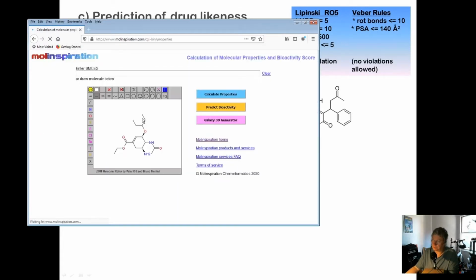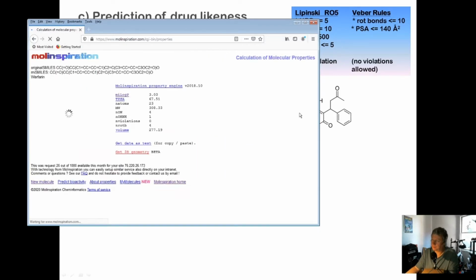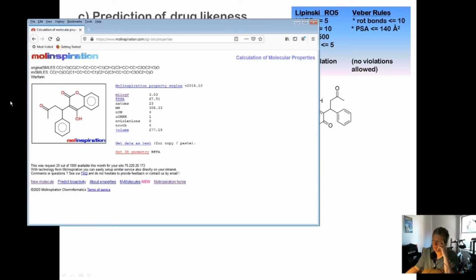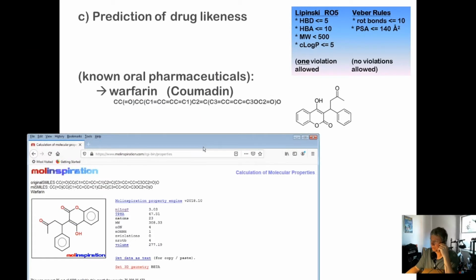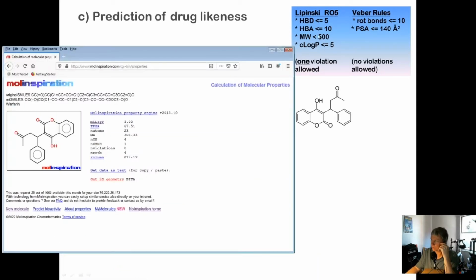All right, so paste in the SMILES string, and we're going to calculate properties. Okay, and so here we are. It gives us another 2D structure of it, and let's see if this compound agrees with the Lipinski rules, which are hydrogen bond donors and acceptors, less than 5 and 10 respectively.